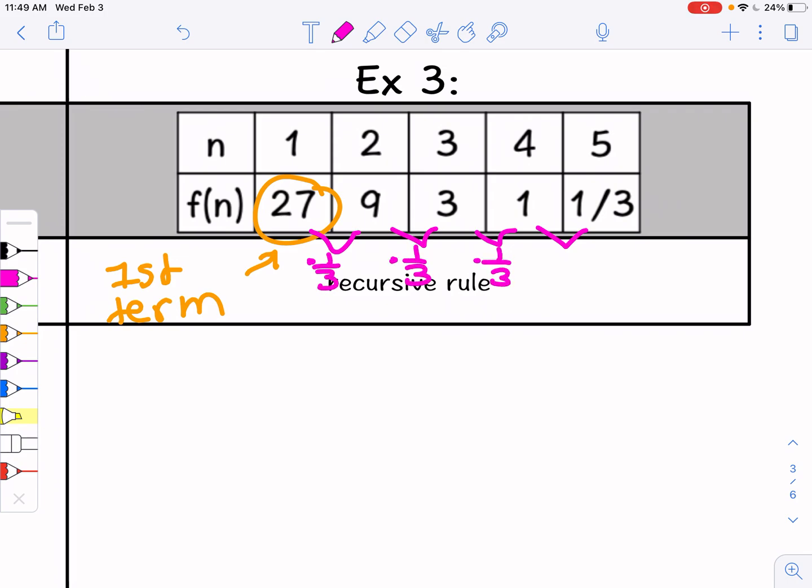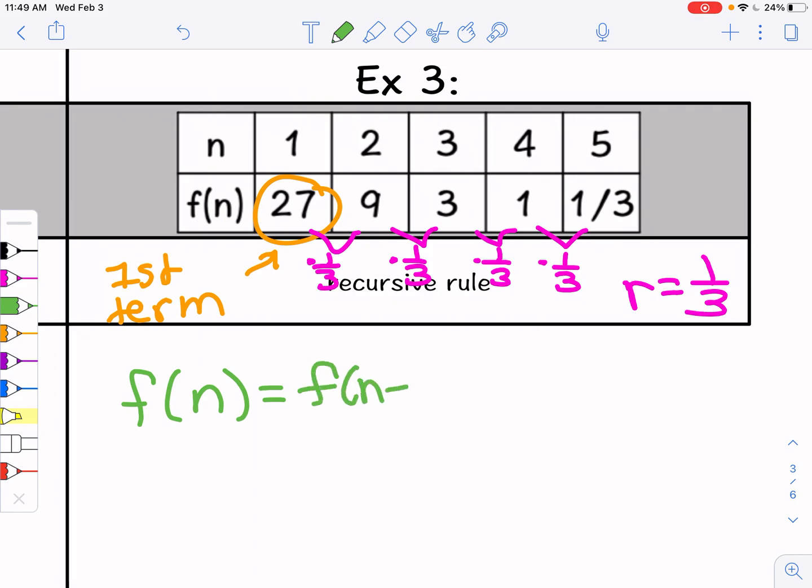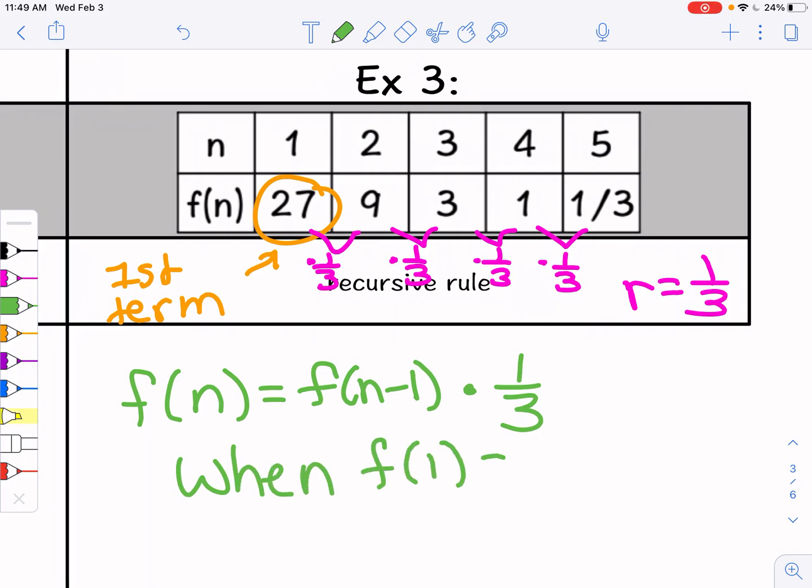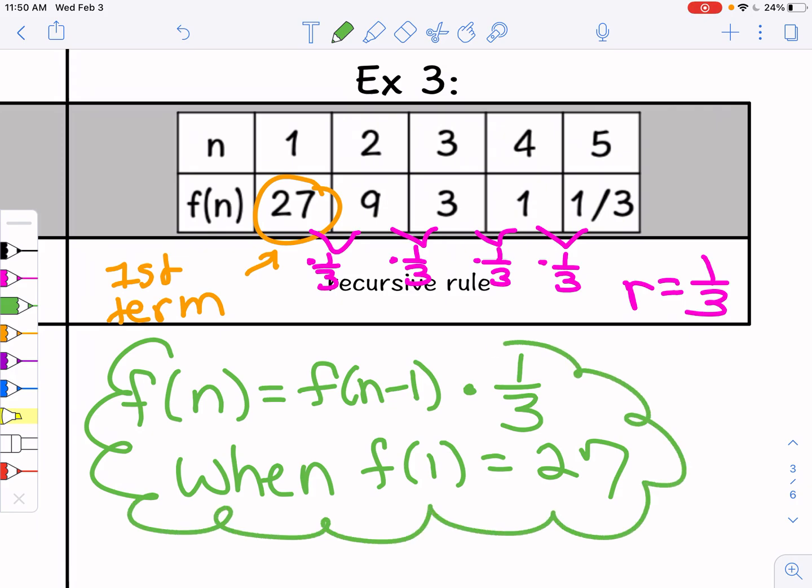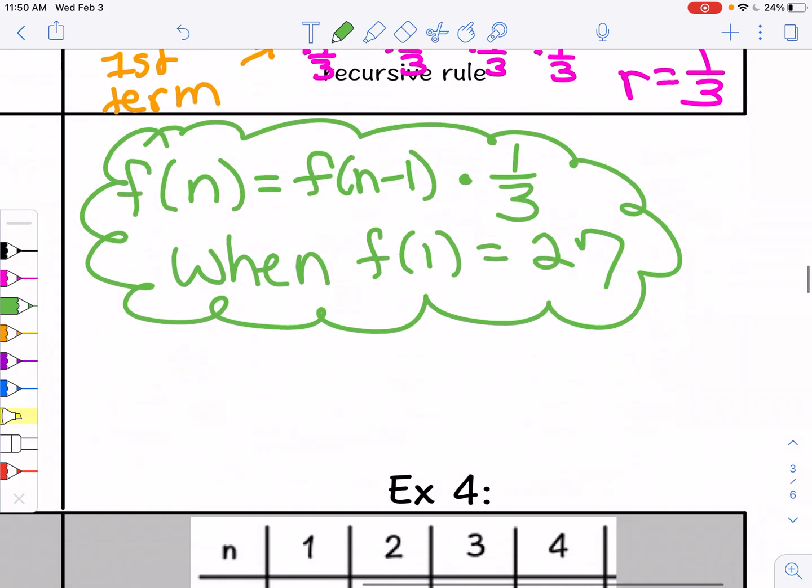So I know that my common ratio is 1/3. So to write my recursive rule, I have f of n equals the previous term times 1/3 when my first term is 27. That's where I start. And then from there, I multiply everything by 1/3.